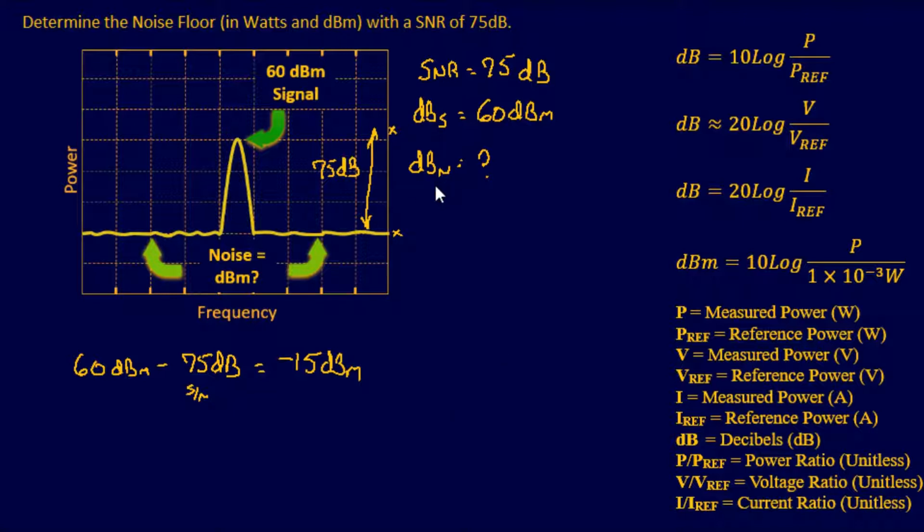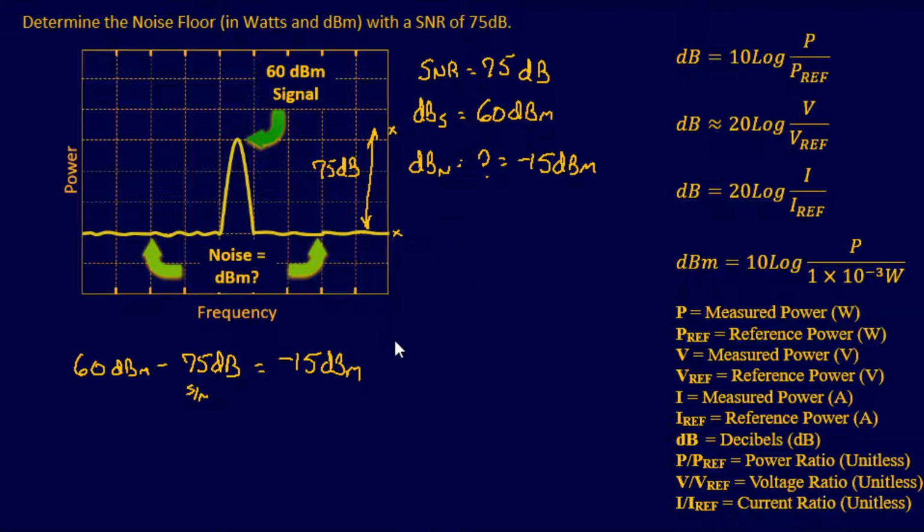So right now we already found our noise just by subtracting those two. So I'll just go ahead and put that one right there. It's going to equal negative 15 decibel milliwatts, because all we did was take our signal and minus 75 from your signal noise ratio, because all it is is the gap between your noise and your signal.